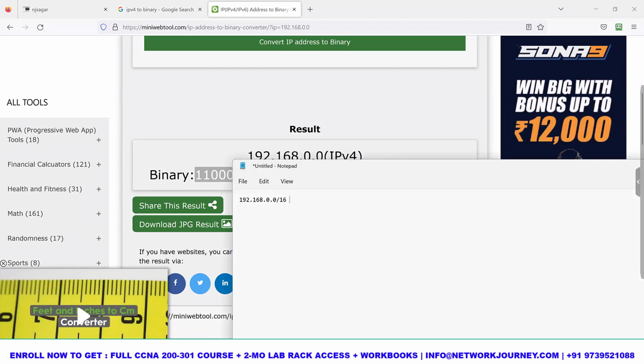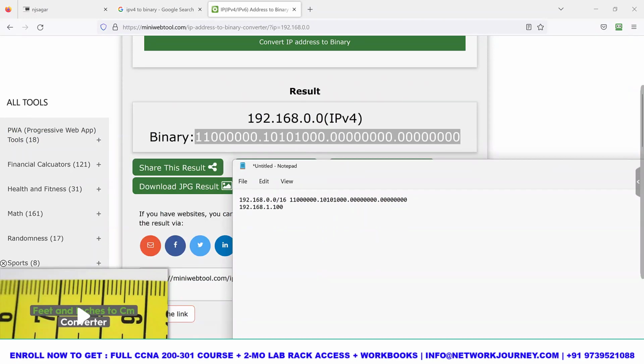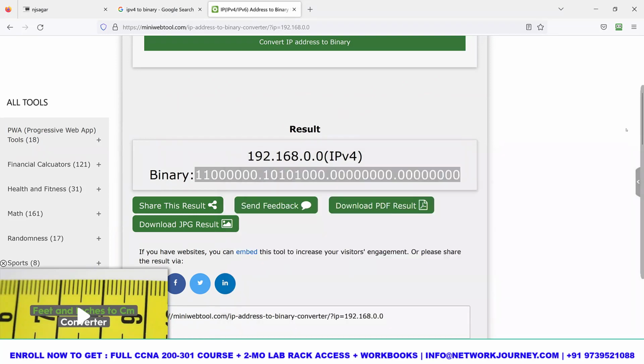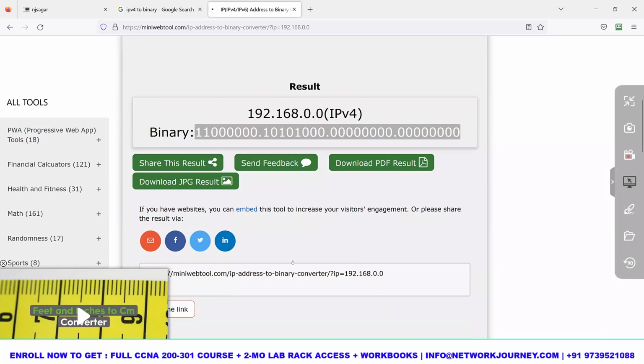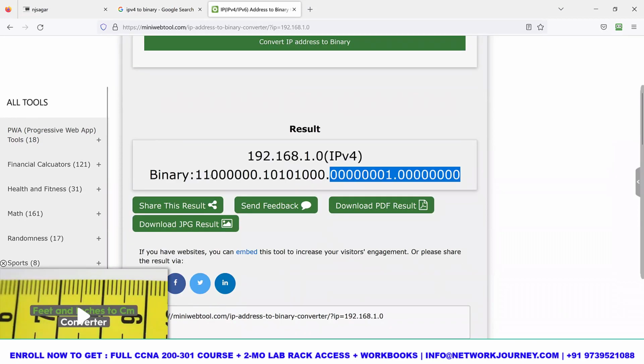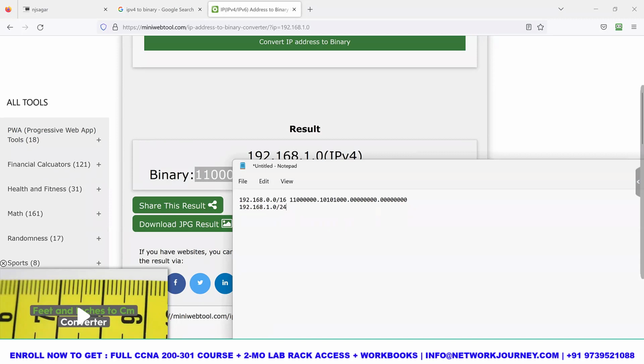Similarly for 192.168.1.0/24, this is, let's say, the network with the host part as 0, and let me convert it. You get this. And for the very last one, where you had the IP directly, 1.100.